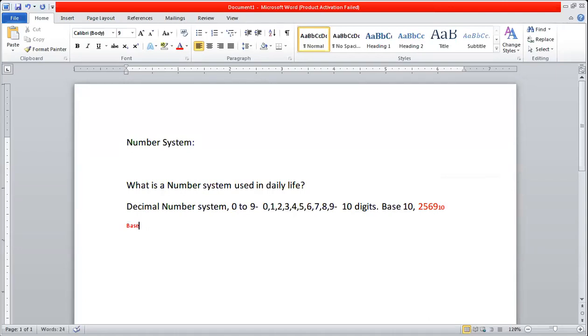Base 8. So what is a base 8 number system? Octal number system. Yes, it is the octal number system.